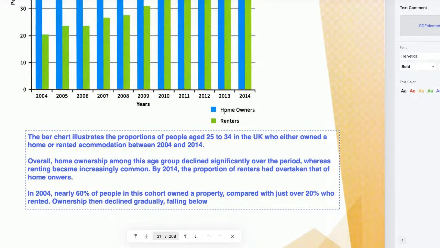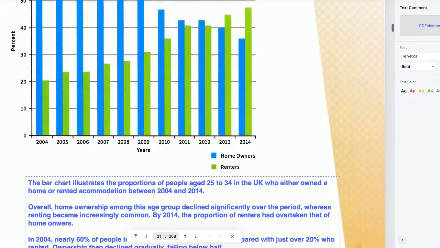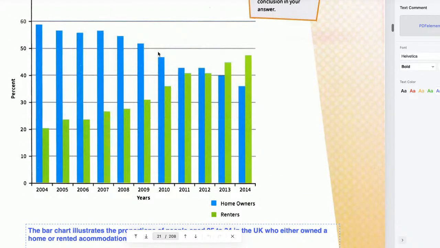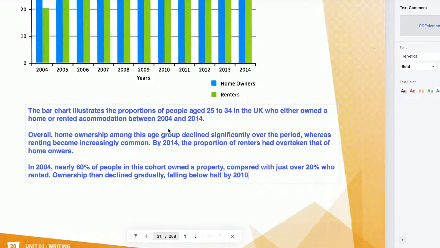So what can we say about 50%? Falling below half. That means falling below 50%. Which year? Yeah, 2010, right? So you can say falling below half by 2010.